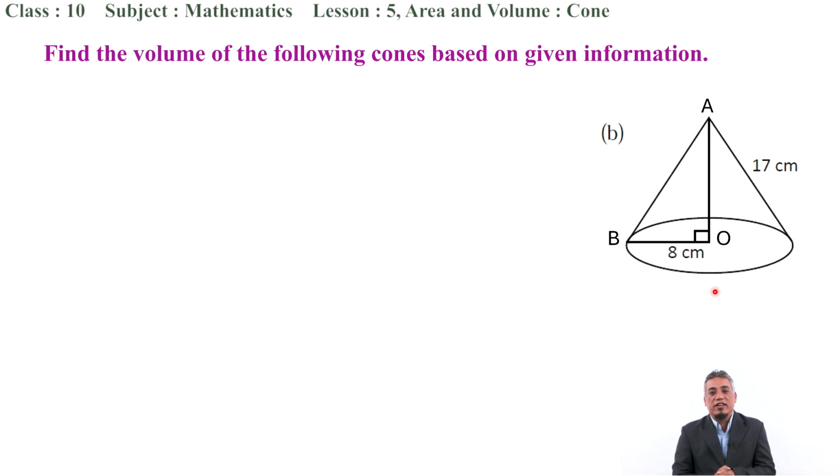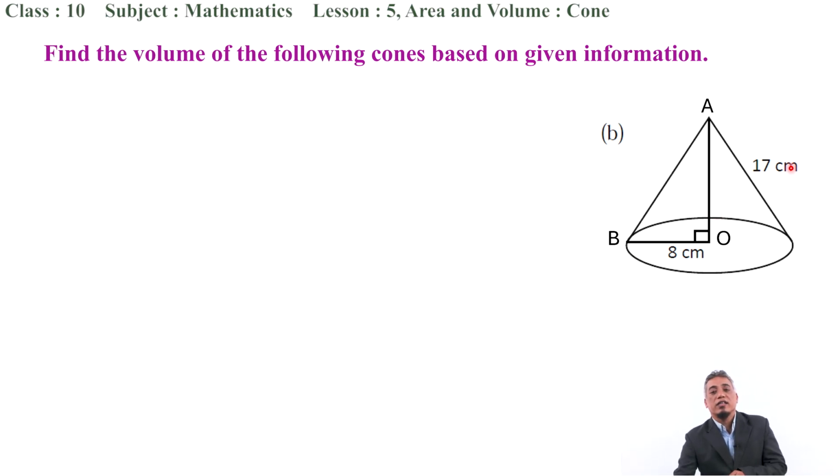Yes, we cannot find it directly because we need h, because in the formula of volume it is 1/3 of pi r square h. The term h is there, and h is not given here. So first of all we have to calculate h, and only after that apply the formula for volume.